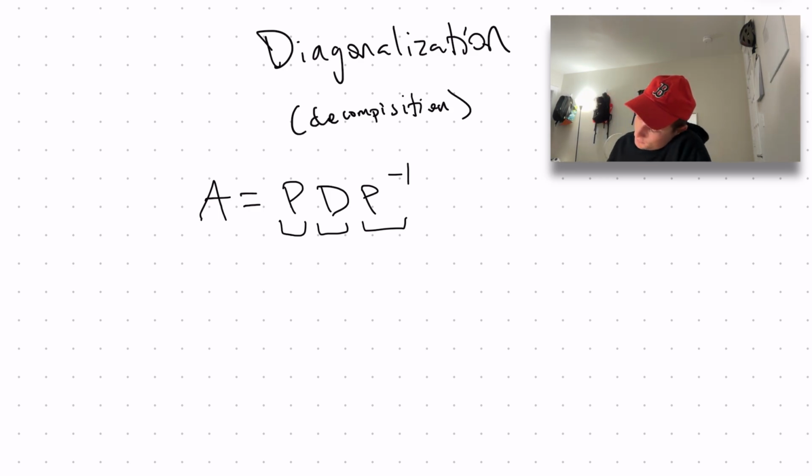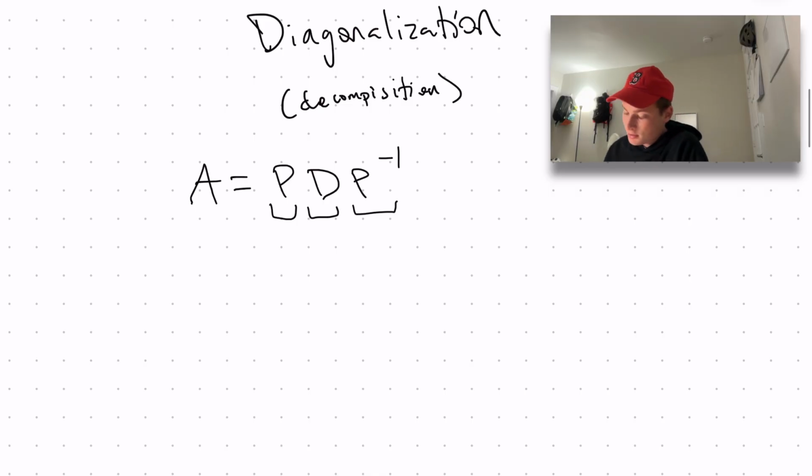The way you do this is reliant on finding eigenvectors and eigenvalues, actually. So I can kind of just tell you that this is made up of eigenvectors, this is made up of eigenvalues, and then this is just the inverse. So you only need to compute these two, put them together, and that gets you a decomposition.